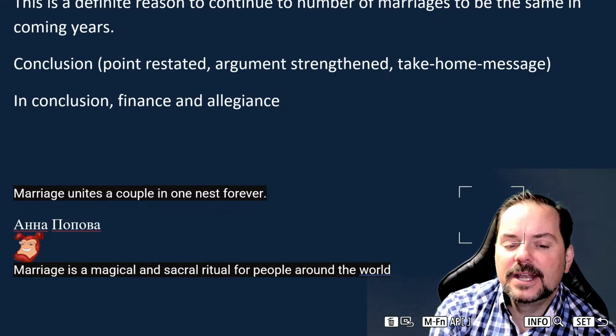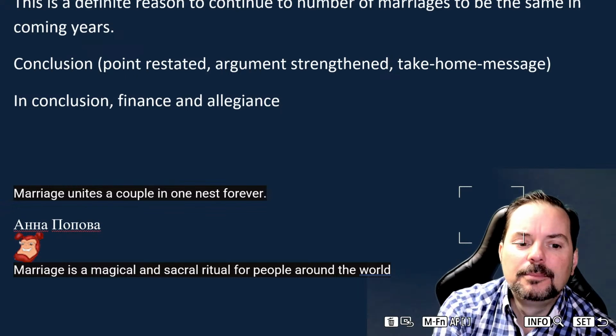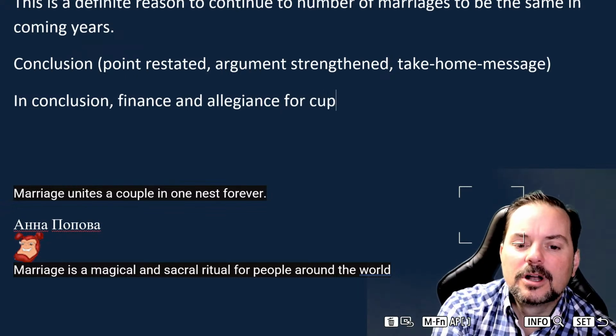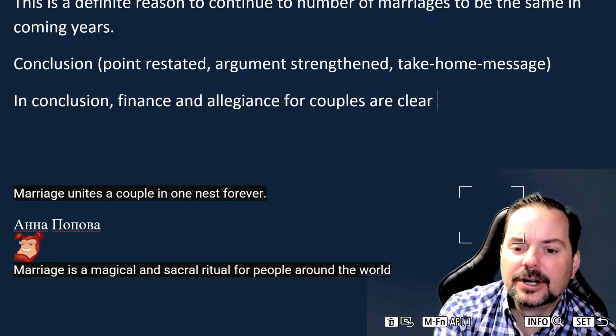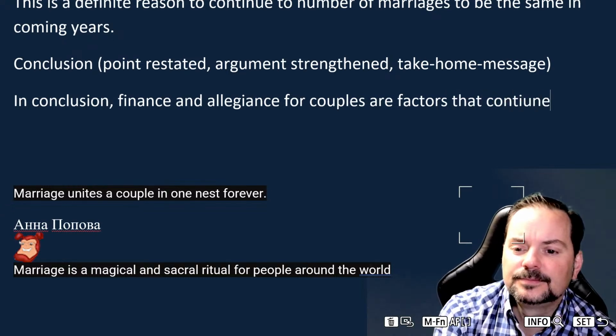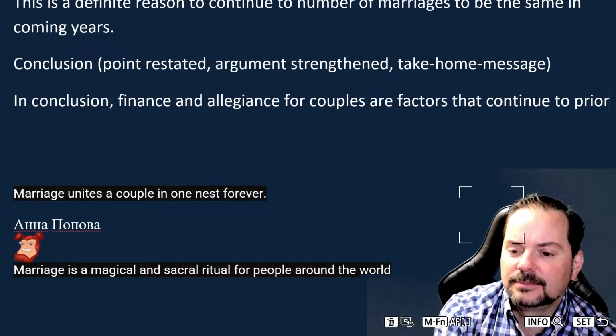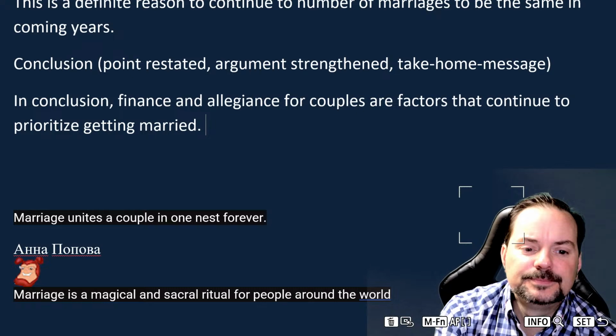So in conclusion, finance and allegiance for couples are clear motivating factors, or are factors that continue to prioritize getting married.